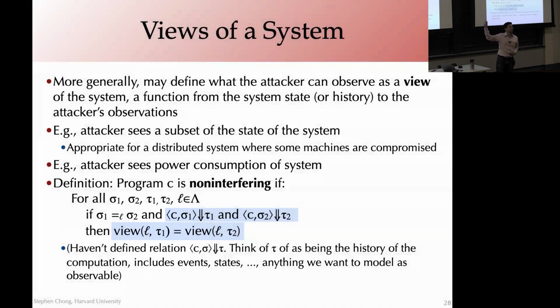Right, so this is a generalized notion of non-interference that is essentially just capturing the idea that you've got some model of execution producing a history tau, you've got some function that says what the attacker can observe on it, and if we have L-equivalent inputs, then what an L attacker observes should be the same.